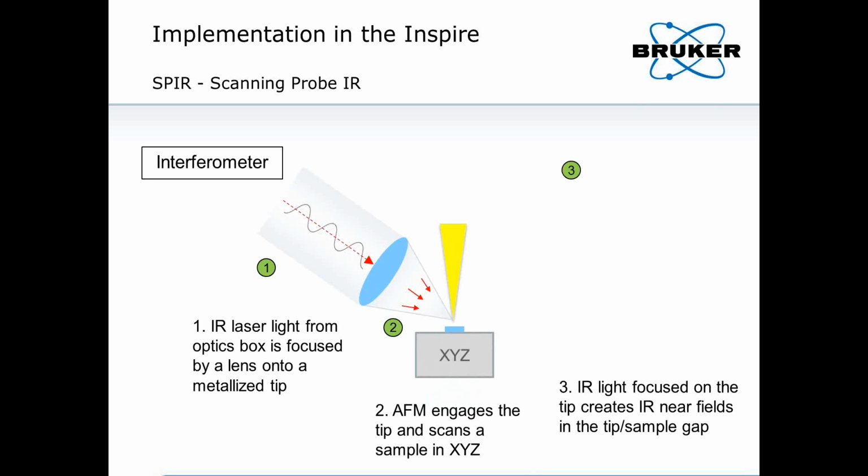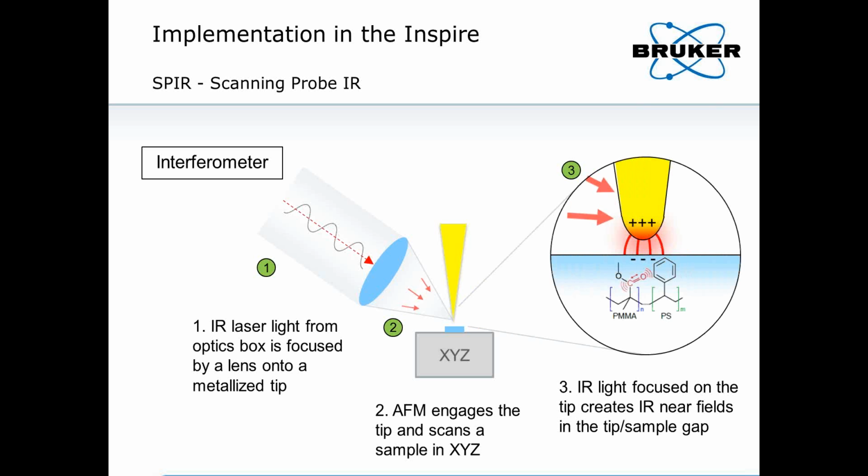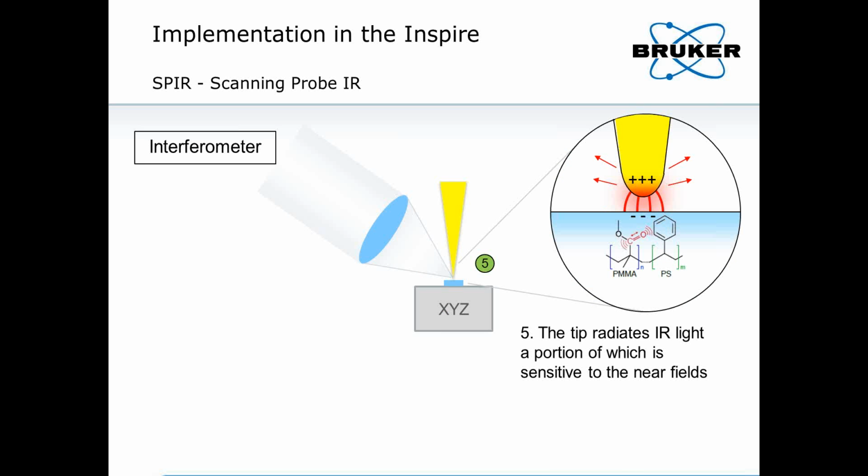The infrared light focused on the tip creates infrared near fields that exist in the tip sample gap. If the material underneath the tip is more reflecting or less reflecting, it will then interact with these near fields and change the light scattered by the tip. So the next step is that the tip will radiate infrared light, which depends on this near field interaction.